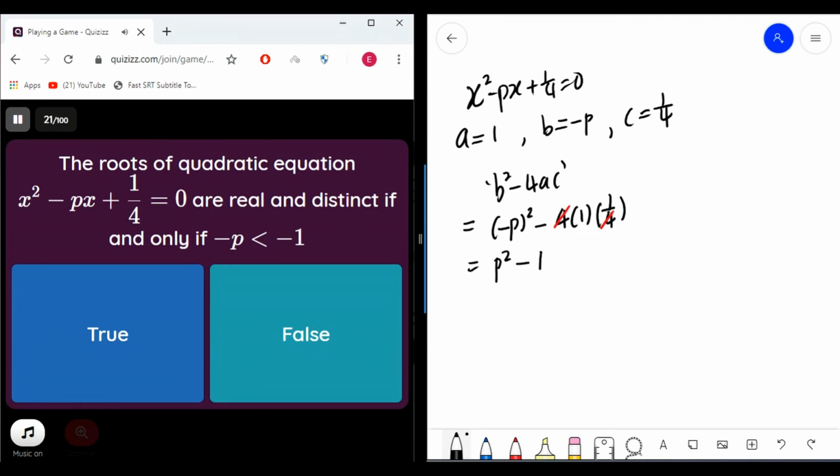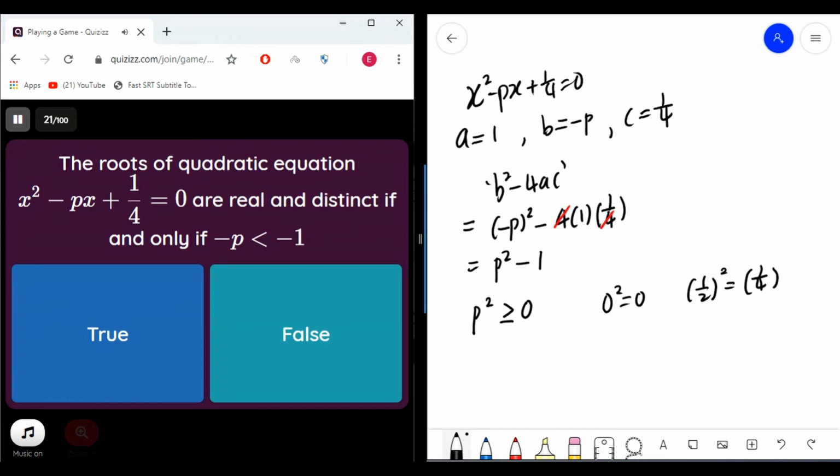We know that the square of a number is always positive, right? So p squared is greater than or equal to 0. By the way, I write it like this because 0 squared can be 0. And we can have a fraction as a square of a number. For example, the square of 1/2 is 1 over 4, which is smaller than 1, right? Okay?